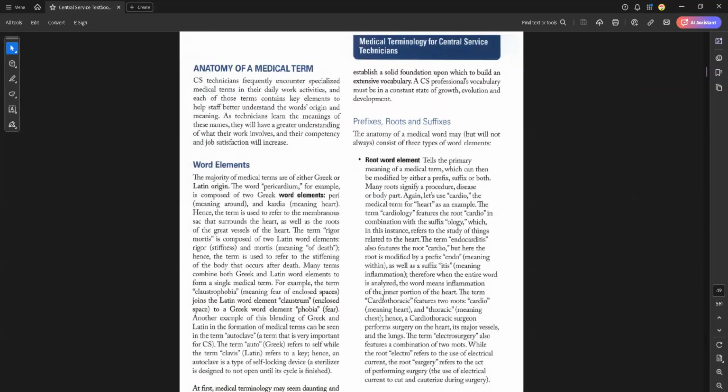When you see prefix, roots, and suffix, P comes first, then R, then S. That's the sequence. So in case you forget, just go by A, B, C, D up to P, the prefix, then R. Let's begin with the prefix.